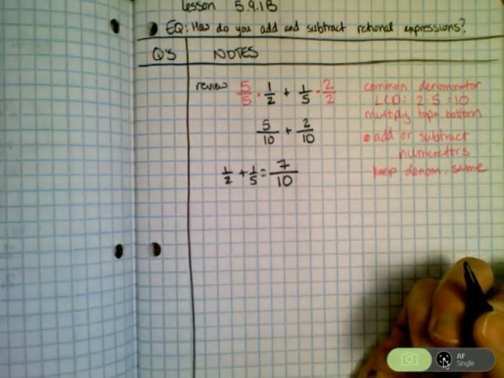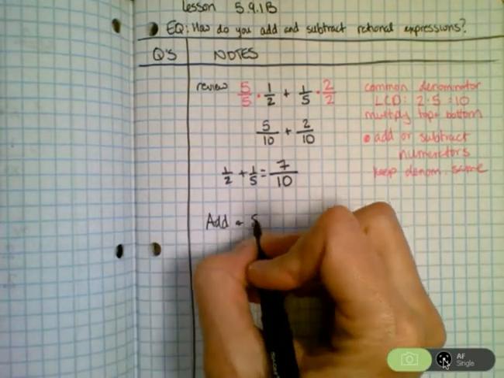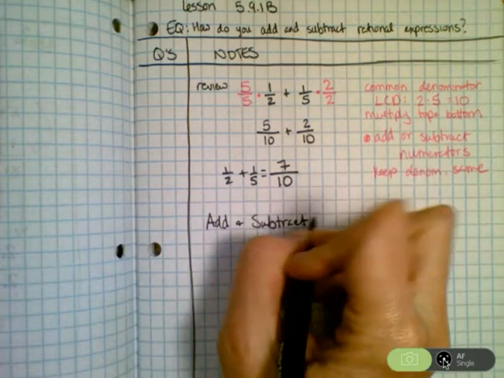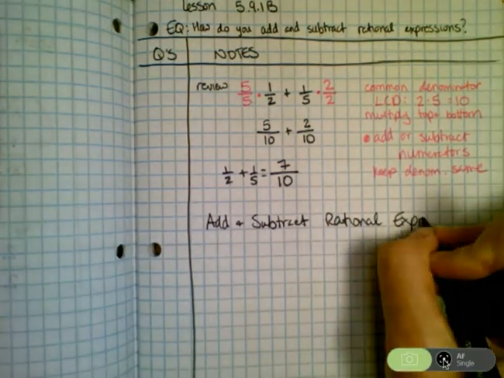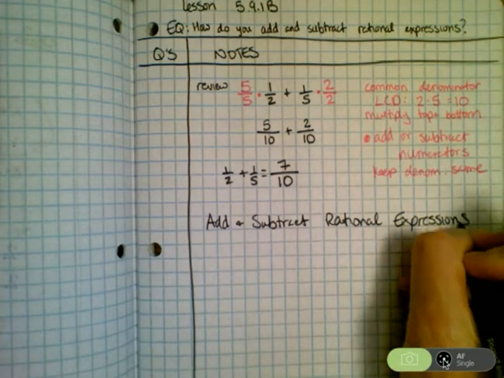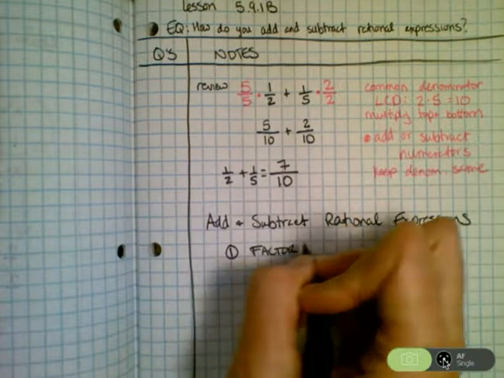So when we work with rational expressions, we do the same thing. So when we add and subtract rational expressions, the first thing we're going to do is factor any denominators.